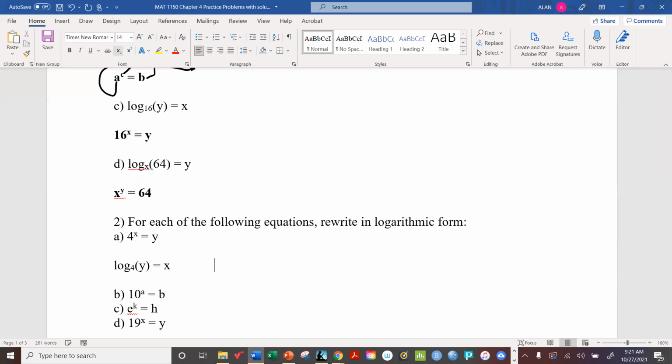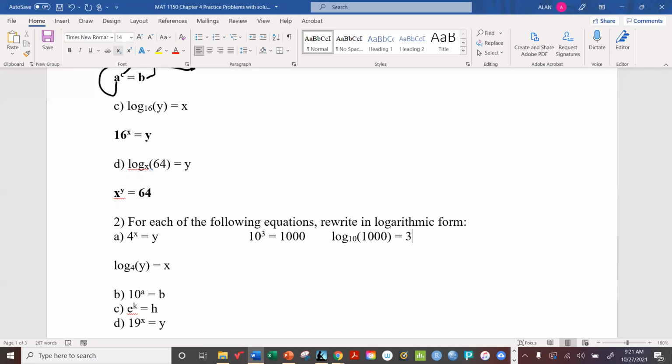So again, if you're not sure, just imagine you encountered the following: 10 cubed equals 1,000 is the same thing as saying log base 10 of 1,000 is 3.